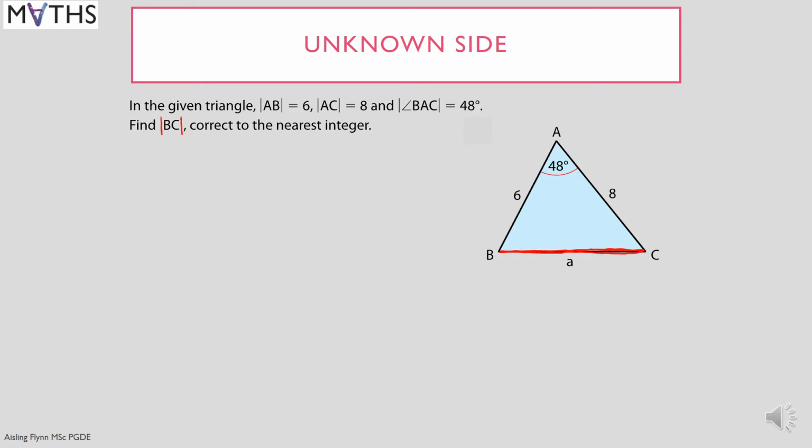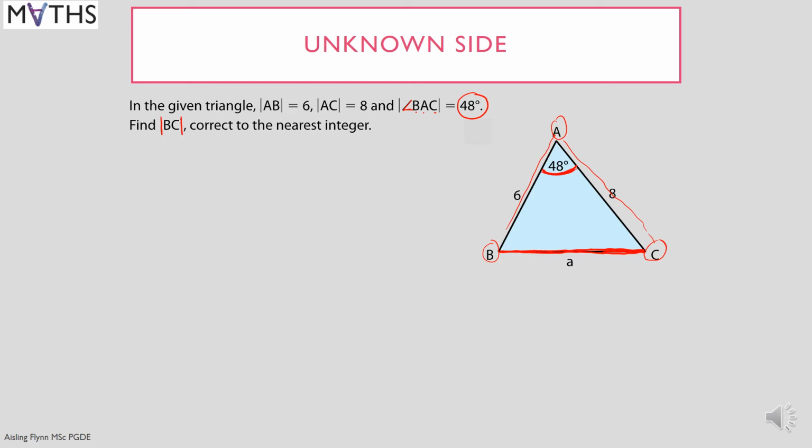We're only given one angle, which is 48 degrees. Look at how this is named. We have an angle sign, and then it's B to A to C. So the middle letter describes where the 48 degrees is.